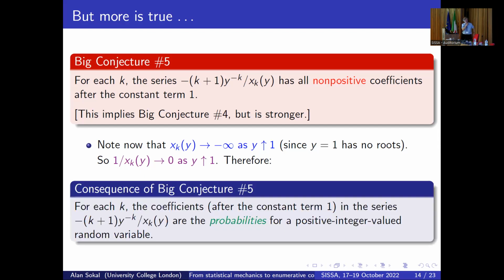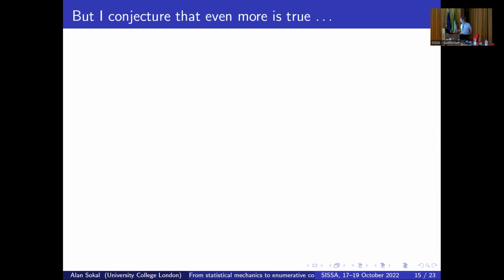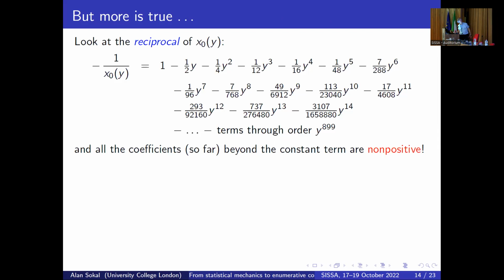So if this big conjecture 5 is true, for each k, all the coefficients after the constant term 1 in this reciprocal series are the probabilities for some positive integer valued random variable. What on earth could that random variable be? I have no idea. Well, you saw what they were, at least for the leading root. Try to invent a natural random variable that has those probabilities.